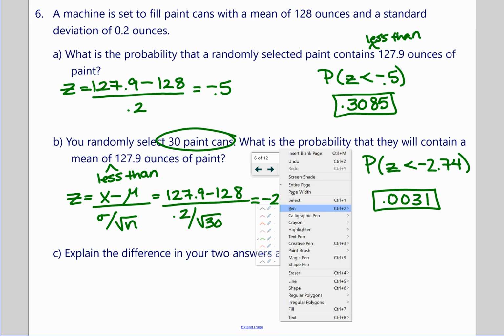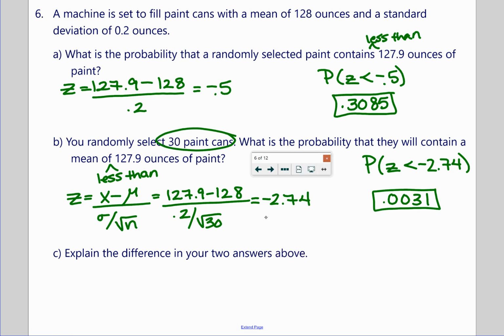In part A, it's just one randomly selected paint can that we're calculating the probability of. In part B, we're calculating the mean of 30 paint cans. So the likelihood that we're going to be less than the mean is smaller if we have a huge sample, because some are going to be below and some are going to be above, and really we're looking at the average of all of those values. So you need to be able to explain that in your own words, but that is the big idea here.